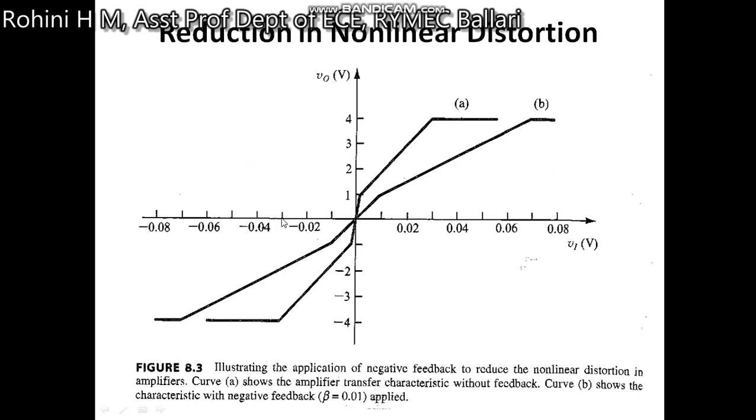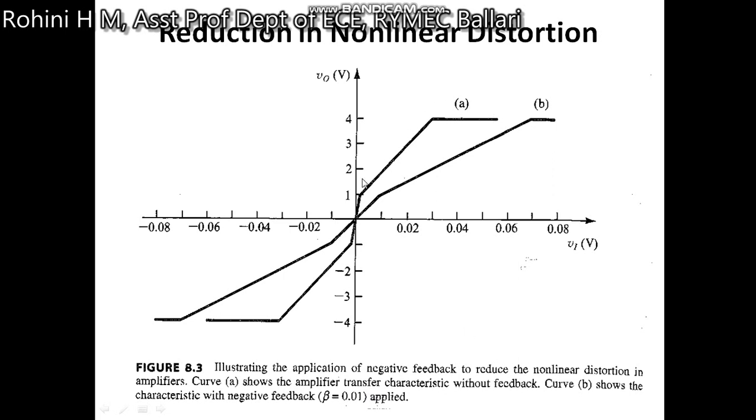So here is one graph. Okay, so that is illustrating the application of negative feedback to reduce the non-linear distortion. Here you can find the two curves, curve A and curve B. So curve A is this curve which shows the amplifier transfer characteristics without feedback.